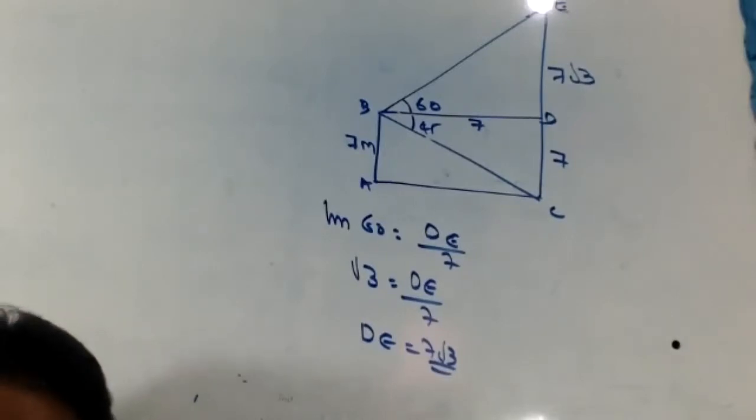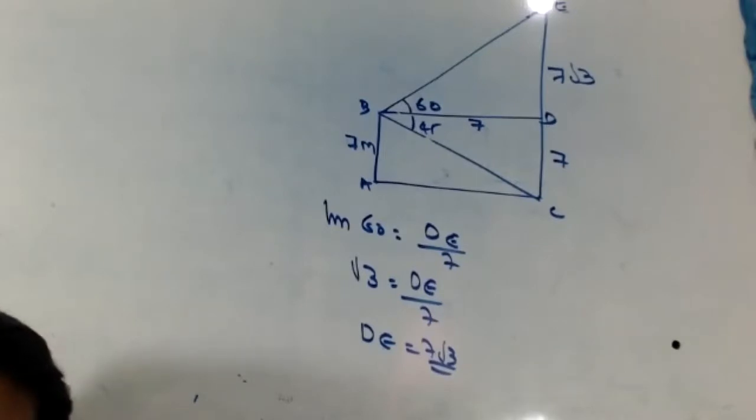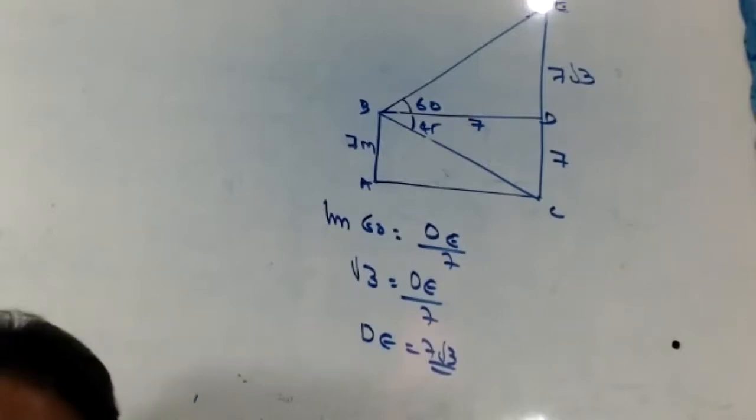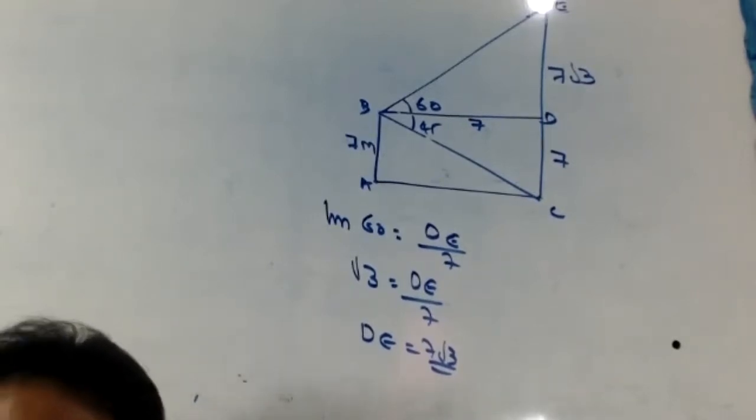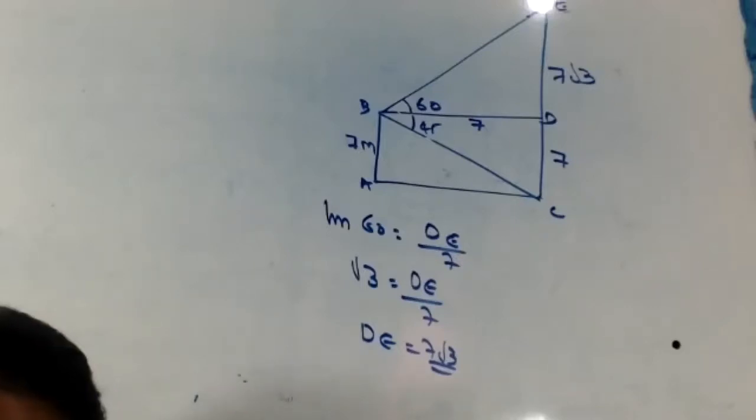Now we have navigation, GPS and all. Long back there was no GPS, right? Without that, people traveled by boat without an engine. Vasco da Gama and all like that came without it.